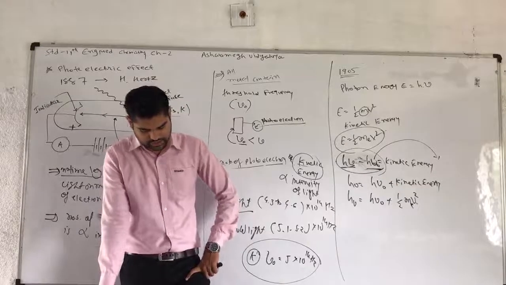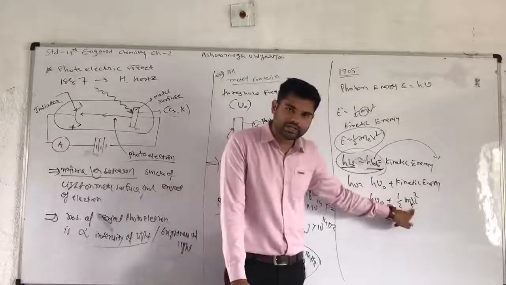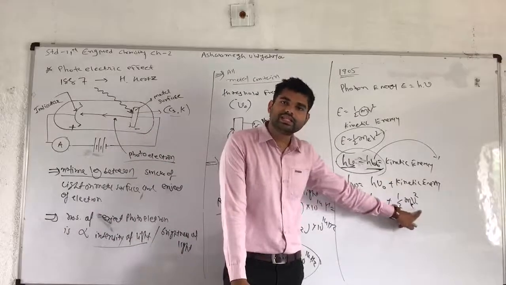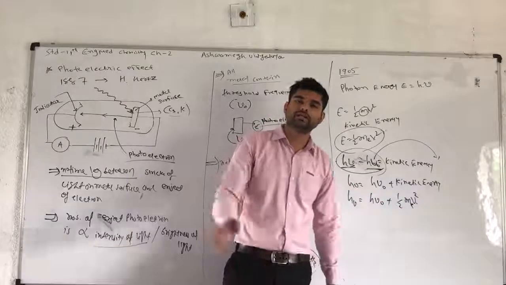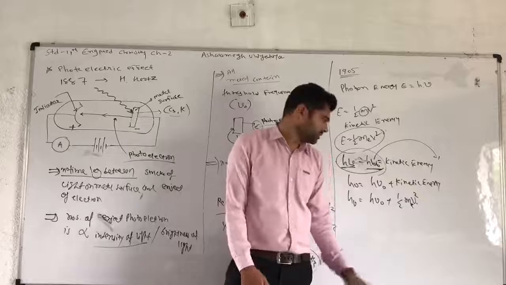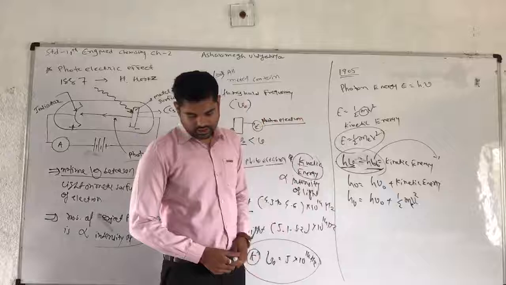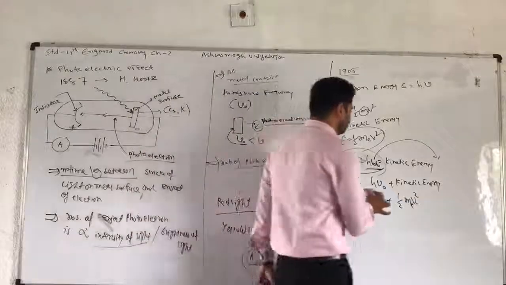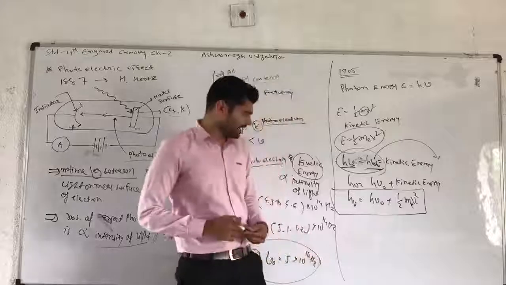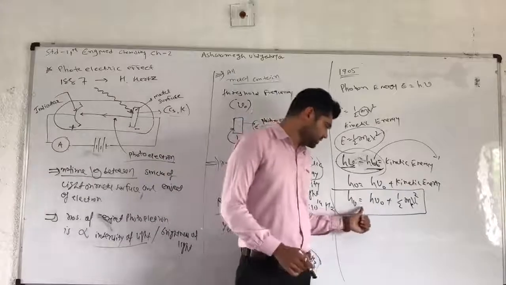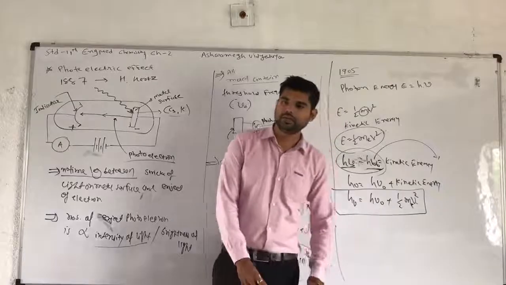So Einstein gave this equation, and remember to use it in examples: h nu is equal to h nu 0 plus 1/2 m e v square.